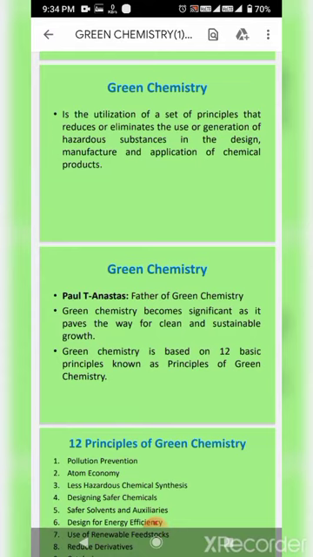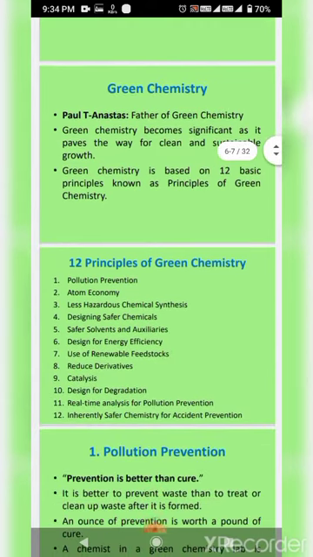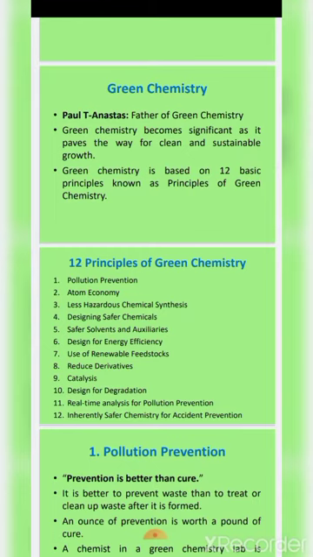Let us see what the 12 basic principles of green chemistry are. The first one is pollution prevention, the second is atom economy, the third is less hazardous chemical synthesis, the fourth is designing safer chemicals, the fifth is safer solvents and auxiliaries, the sixth is design for energy efficiency, and the seventh is use of renewable feedstocks.